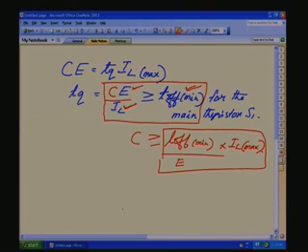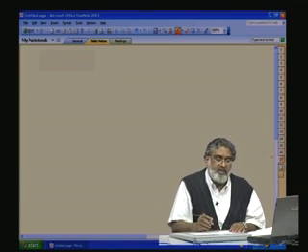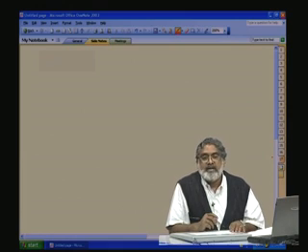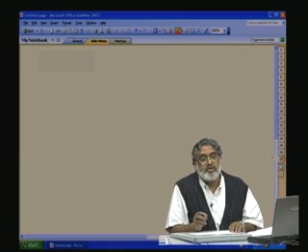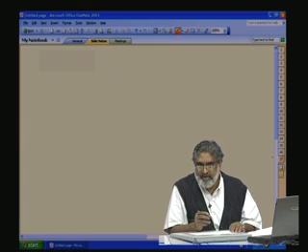Let us go back to our original circuit again. Let us go to the next page. See, during turn on, the moment S1 is turned on, the load current will flow, also the resonant current will be flowing through the main switch S1.